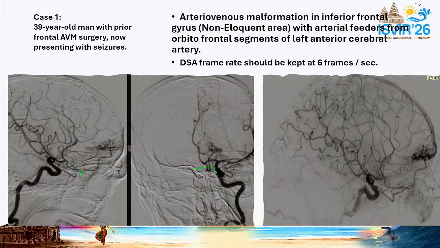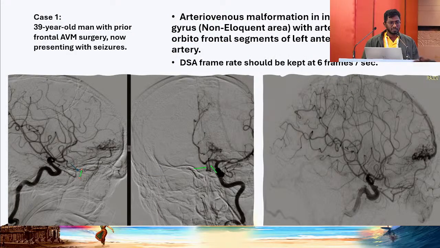It's a 39-year-old male, already operated for AVM, who now came again with complaints of headache and seizures. Diagnostic DSA revealed a residual AVM in the left frontal region, measuring approximately 2 centimeters, in the left inferior frontal gyrus region, a non-eloquent area, supplied by the ACA branch and draining to the sagittal sinus.